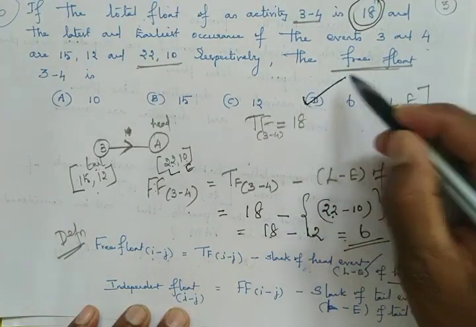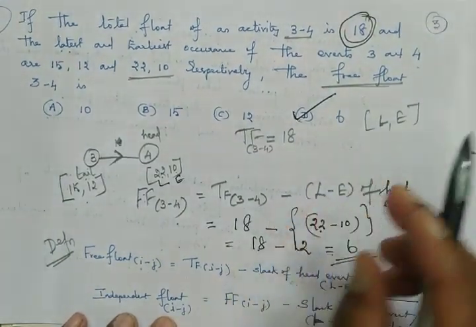Option D is the right answer, the free float of 3 to 4.